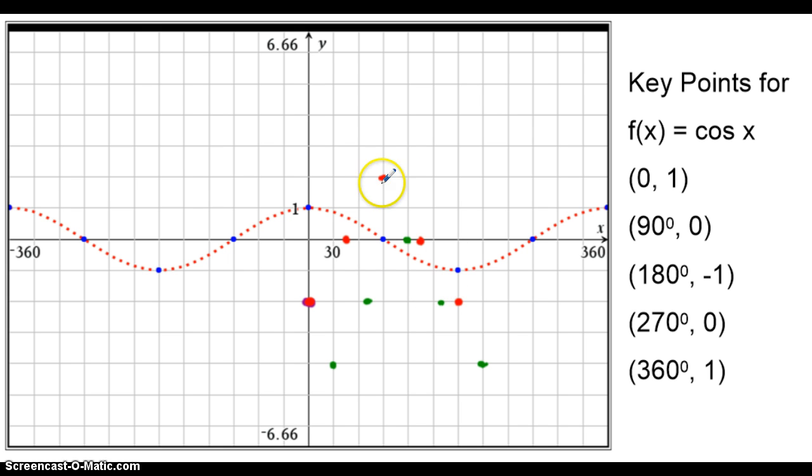I'm going to erase the red points so I can have my final transformation. There we have it. I'm going to connect these 5 dots, and that will represent one cycle of the function.